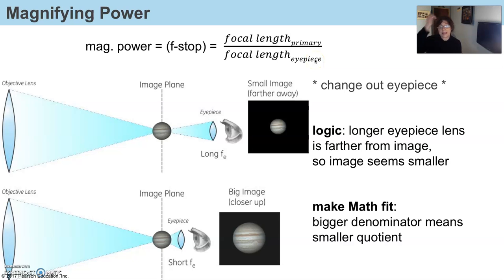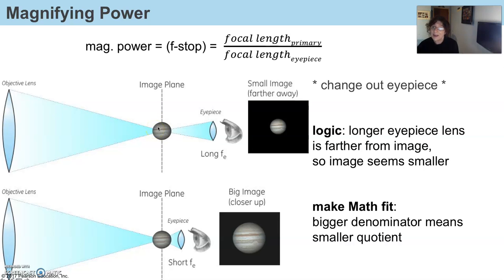Both focal lengths in these telescopes with secondary mirrors. Again, you can even have tertiary mirrors. We're really working with the two mirrors here. So what you see is this. You can have one focal length between the primary lens and the primary focal point.